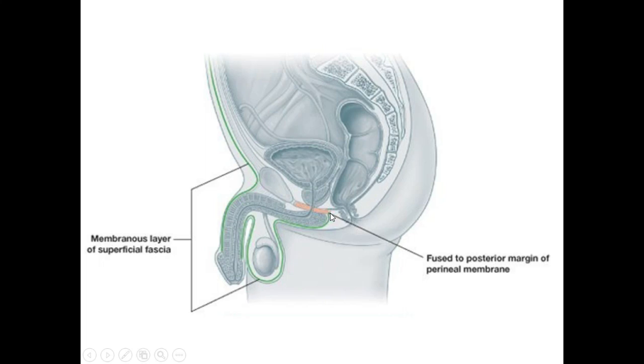Behind, it is continuous with the posterior margin of the perineal membrane, and in front, this green colored fascia is the Colles fascia. It will be continuous with the fascia of the scrotum, that is the dartos fascia or dartos muscle of the scrotum.